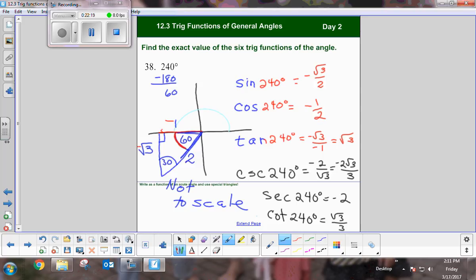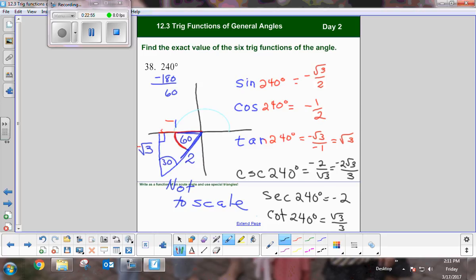Remember to put plus or minus depending on which direction you're going in. And then list your trig functions, using SOHCAHTOA, or sine is y over r, cosine is x over r, tangent is y over x. Using either that or SOHCAHTOA, find the values of the trig functions.